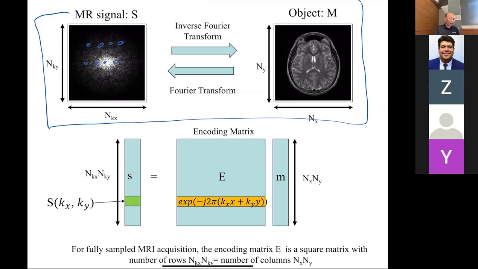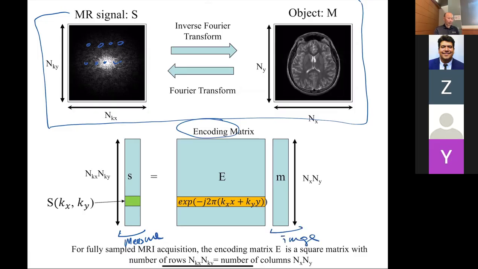And then last time we talked about how going back and forth between the signal and the object can be written as a linear system of equations, where this is what we measure, this is the encoding matrix, and this is the image we want.